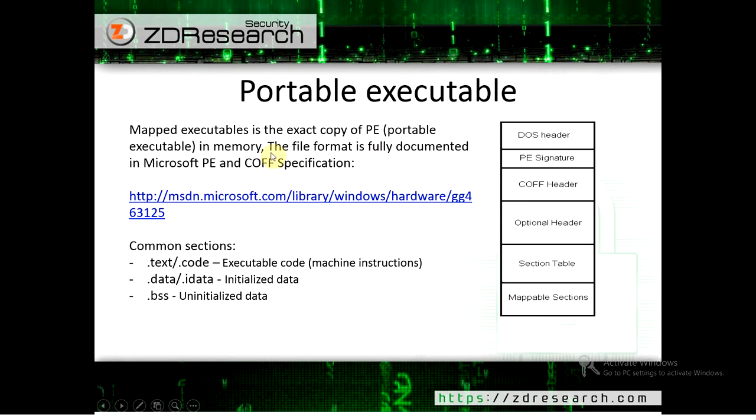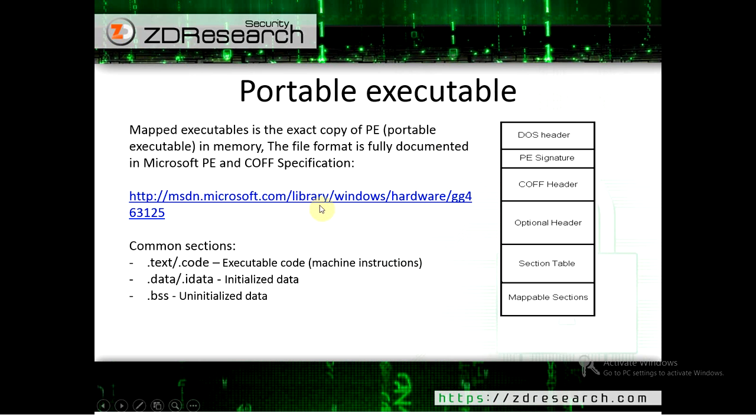This is the reason PE files, exe files, will not run on other operating systems by default without any emulation. The full file format of the PE file is documented in the following Microsoft specification, and you can learn more about it.